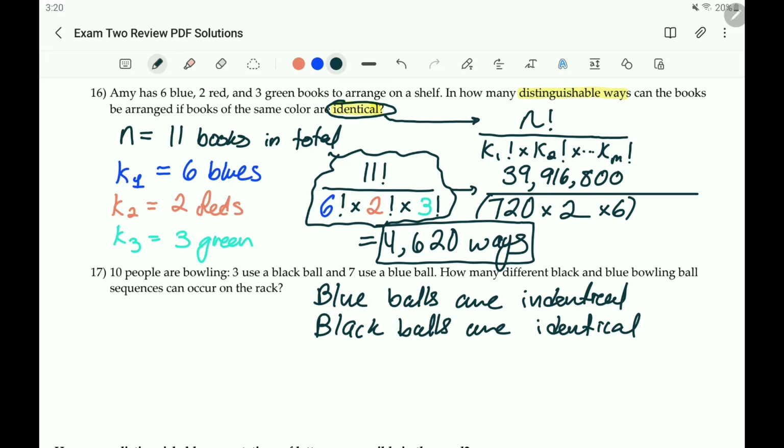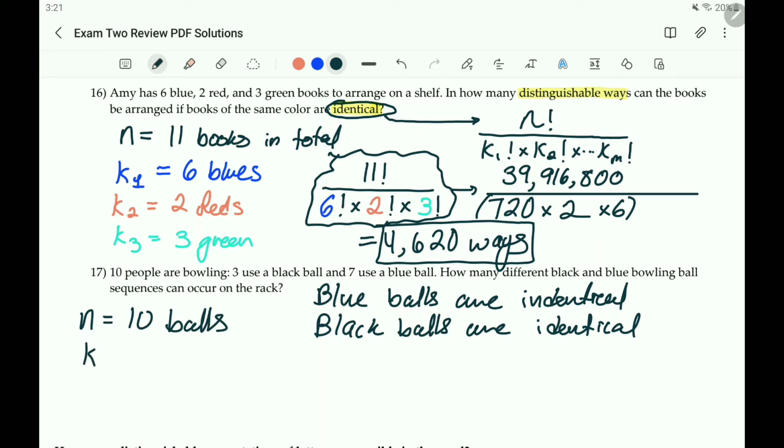Which means we're going to use the permutation formula for when things are alike or identical. N is how many balls I have in total. N is 10. There are 10 balls in total.